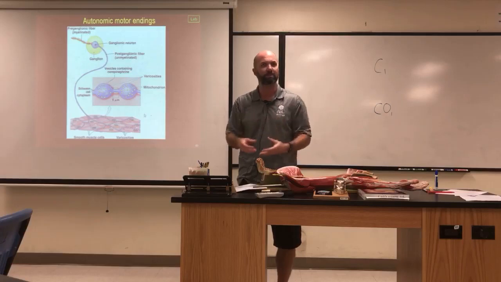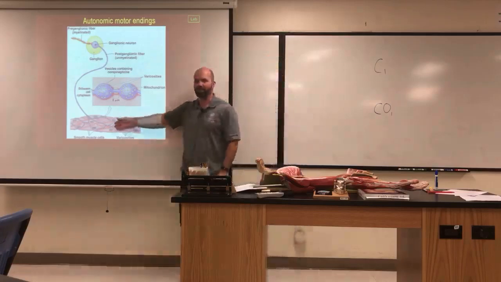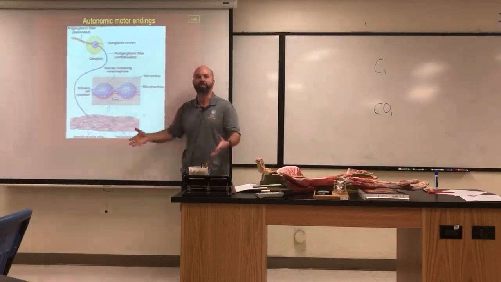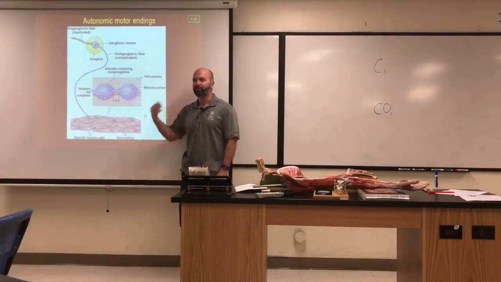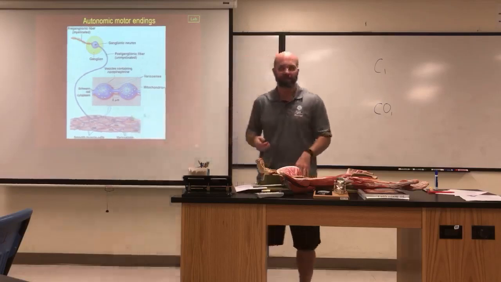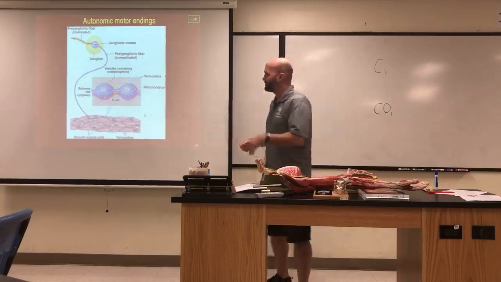Because we just need to produce a little bit of force. When it comes to smooth muscle and cardiac muscle or a gland, we stimulate all of it or none of it. There's no recruitment, no equivalency of motor unit recruitment with smooth muscle or cardiac muscle. It's all or none.